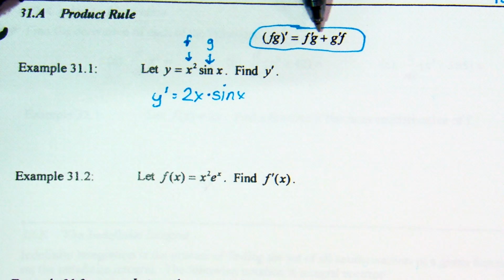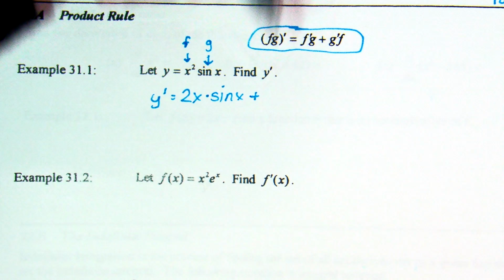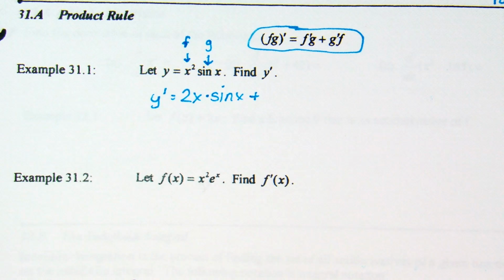Then it's plus. We're always adding when it's product rule. Now reverse the process. Take the derivative of the opposite piece and keep the other one. So now I'm going to take the derivative of sine x, which is cosine x, and then you're keeping the x squared.